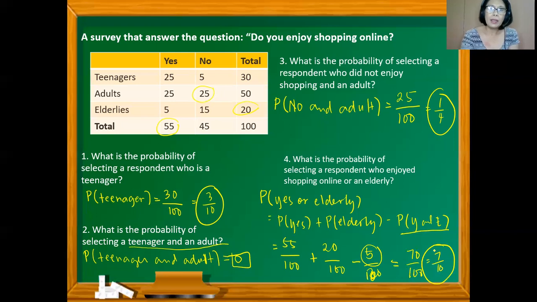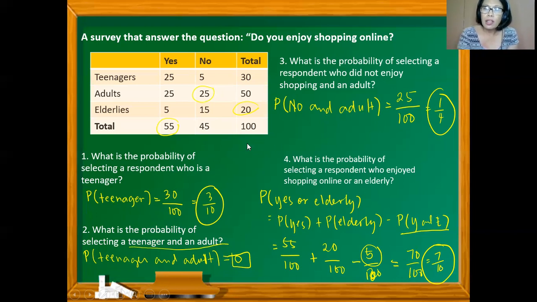So in calculating the basic probability, for instance, the probability of a simple event, the numerator would be the number of outcomes satisfying that simple event. For instance here, there are a total of 30 teenagers, so that will be your numerator, and then over the sample space.